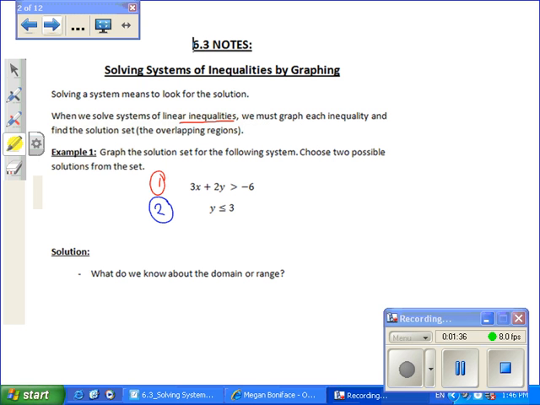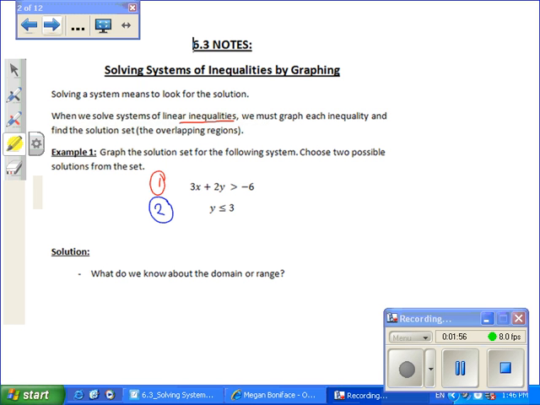The first thing I should recognize here is if I'm not given any information about whether these are real numbers or whole numbers or natural numbers, then I can assume that they're real numbers. If you're not told that they're integers or whole numbers or natural numbers, we're just going to assume that they're real numbers.